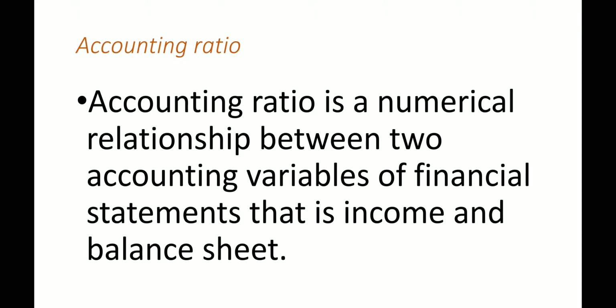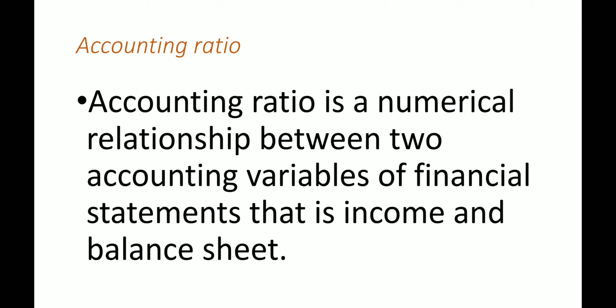So ratios are basically used for studying the significant relationship between the amount of turnover and capital employed. Accounting ratio is very helpful in analyzing the cross-sectional or time series analysis of different items.